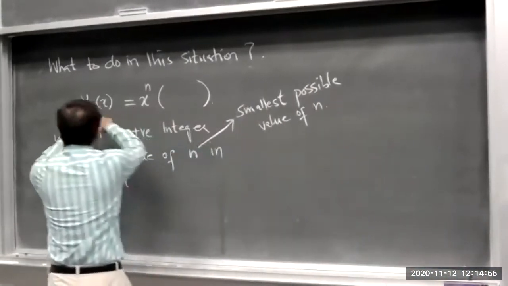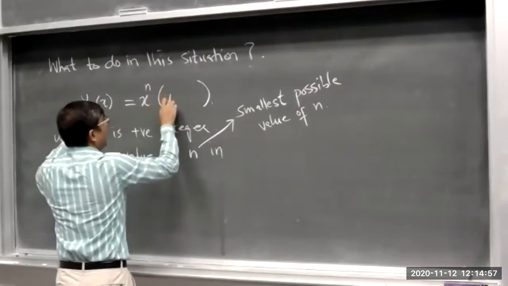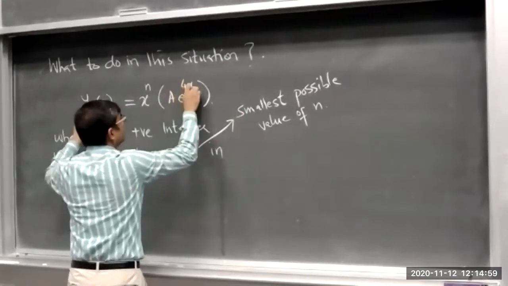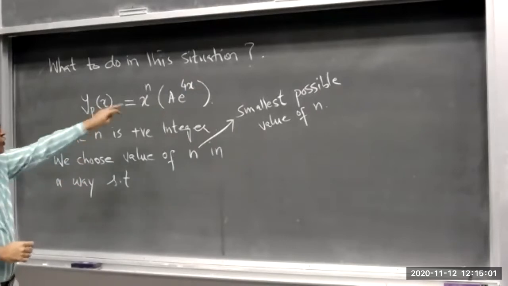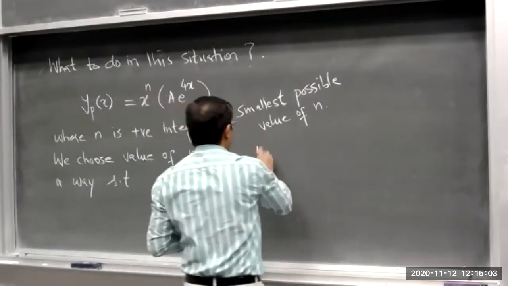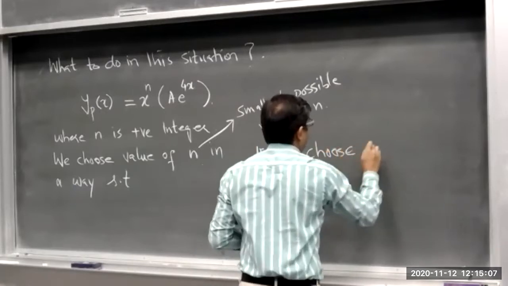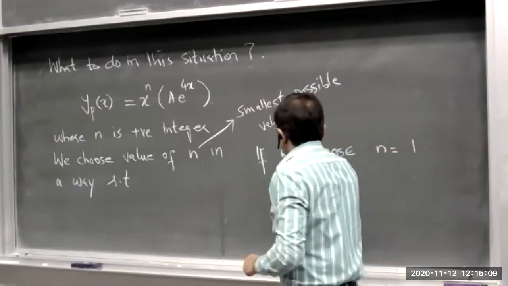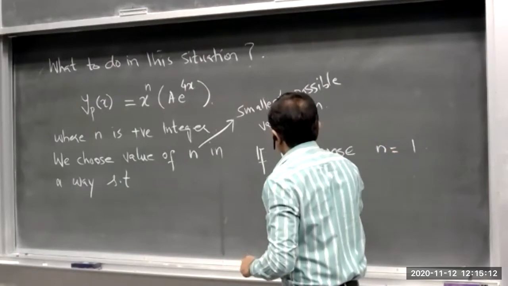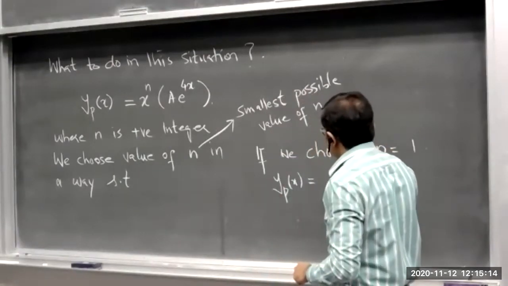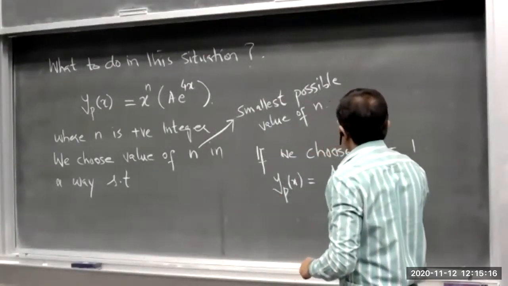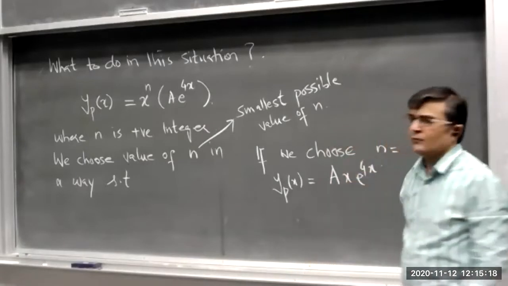Now, the particular solution was a e raised power 4x. If we choose n equal to 1 here, then we are assuming now yp is equal to a times x e raised power 4x.